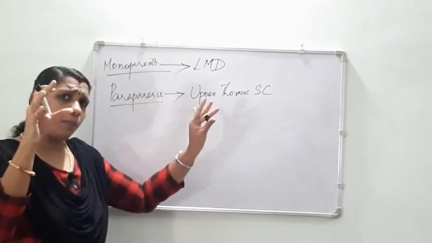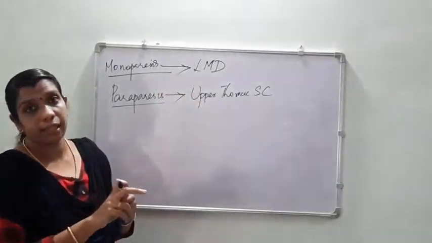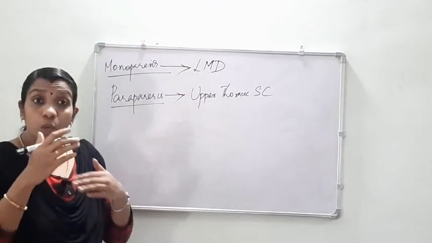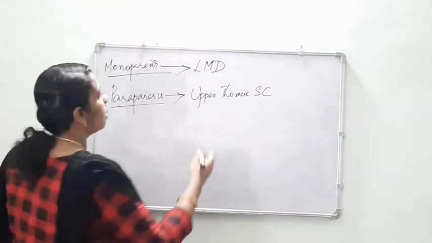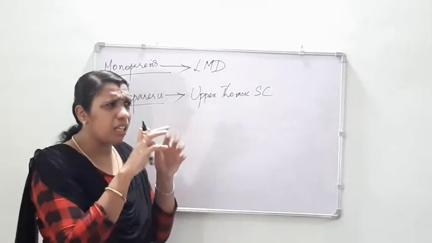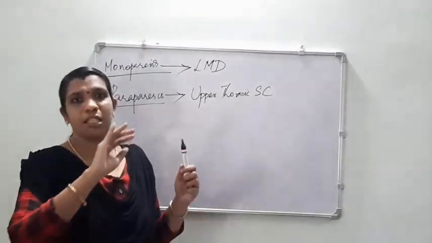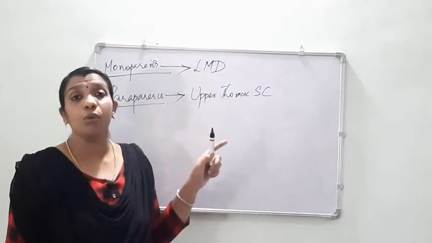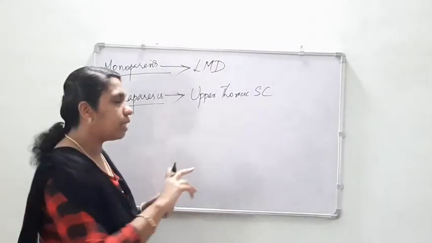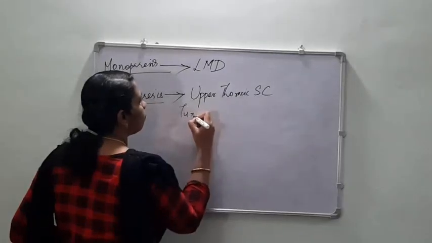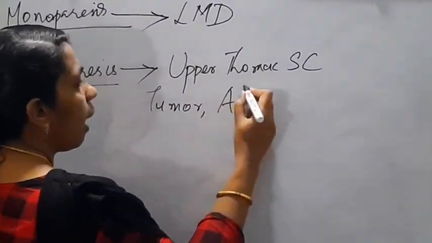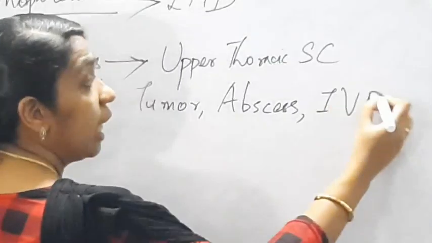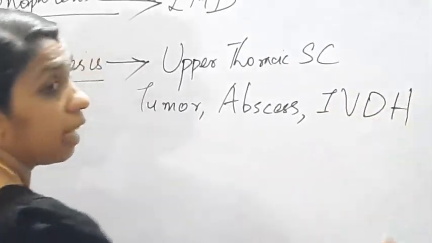So, the most important lesions in connection with paraparesis in the spinal cord are slowly evolving conditions which compress the spinal cord or the nerves coming out of the spinal cord. Lesions such as tumor, abscess, and also, very important, intervertebral disc herniation.